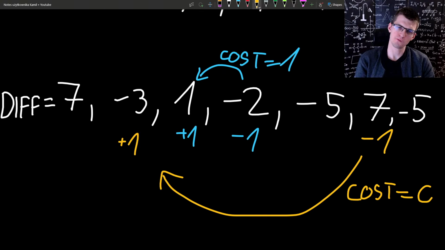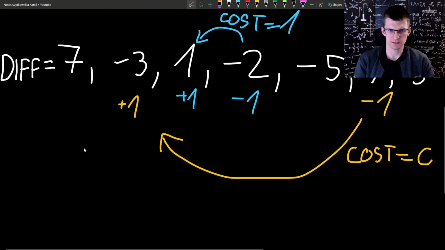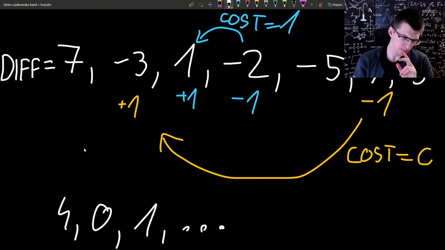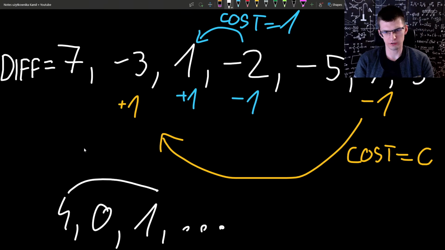If the first two values are of different signs, then I push a unit between them. This would eventually become 401 and so on. And now this needs to move more to the right. Maybe with small steps. Each single step costs 1.